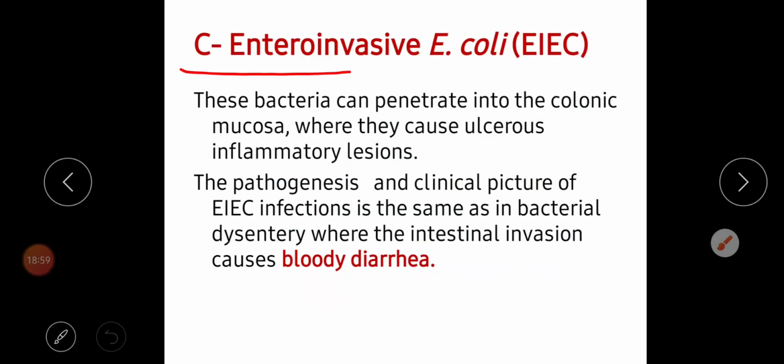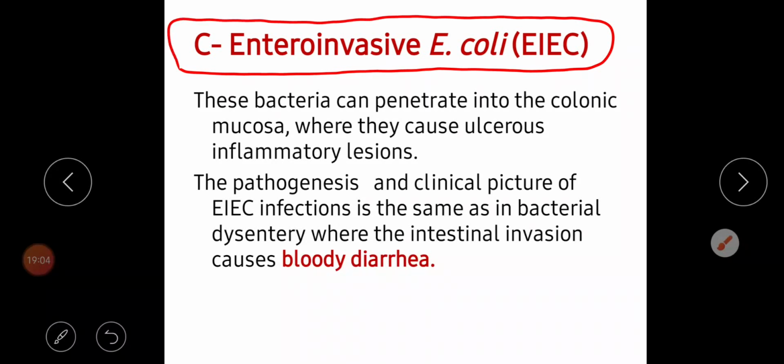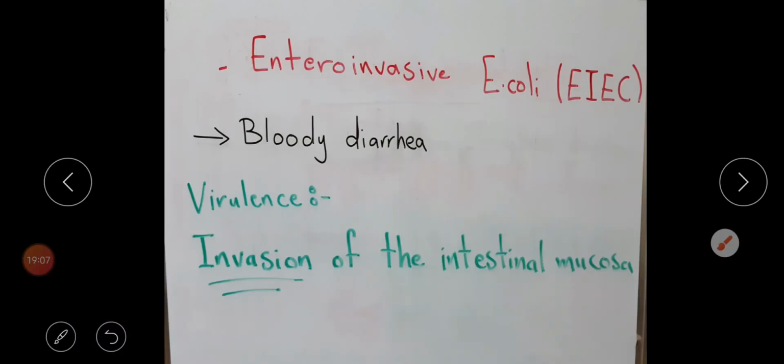The third strain of E. coli that causes intestinal infection is enteroinvasive E. coli. From the name enteroinvasive E. coli, they will cause penetration and perforation of the mucosa, leading to ulcerous inflammatory lesions.